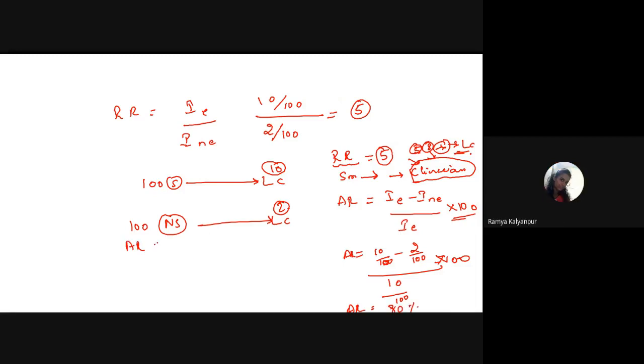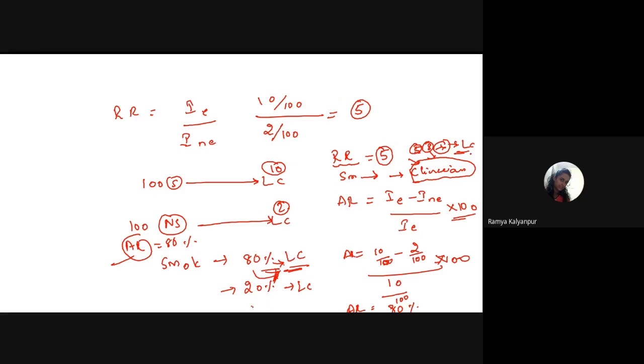So what does an attributable risk of 80% mean? It means smoking has contributed to 80% of all the cases. So smoking contributes 80% in the causation of lung cancer. That is the interpretation from attributable risk. The remaining 20% of lung cancer is contributed by other factors, which as an epidemiologist I have to find out.